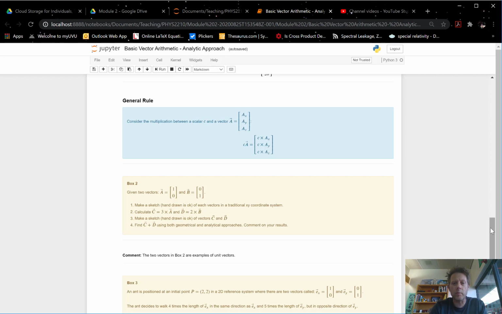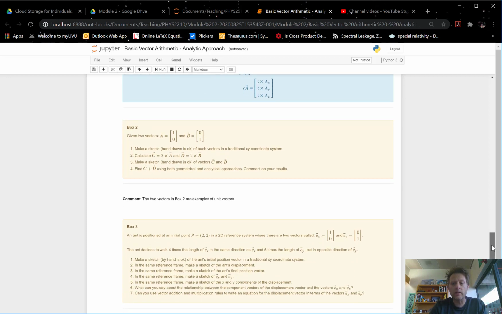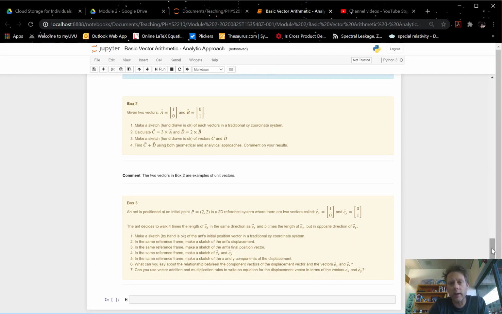So the next two boxes are a chance for you to check your understanding of this point with vectors. It is mixing a little bit of what we learned from the beginning of vectors with position vectors.